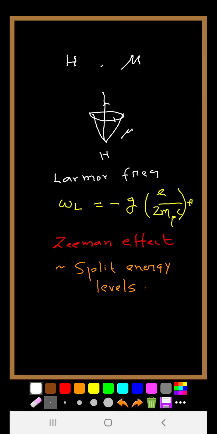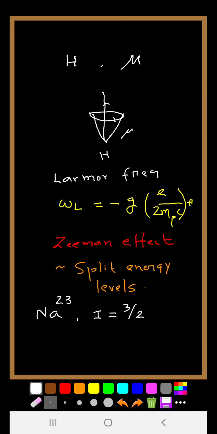For example, consider Na23, which is an isotope of sodium, with nuclear spin 3 by 2.